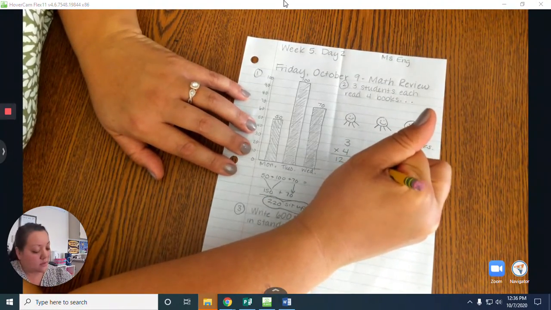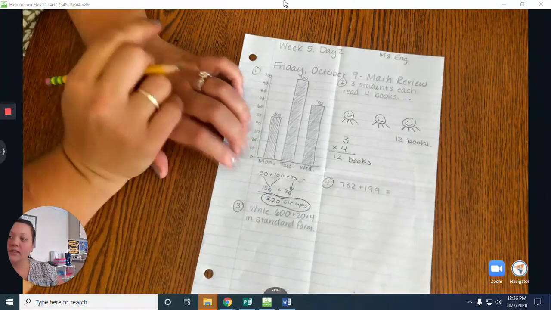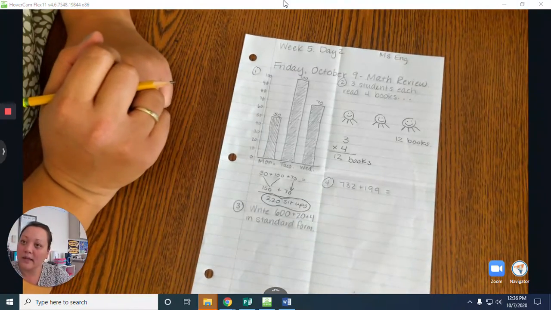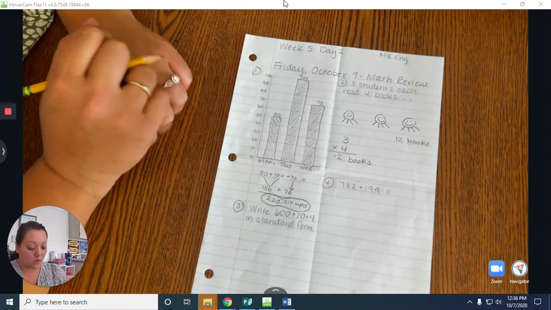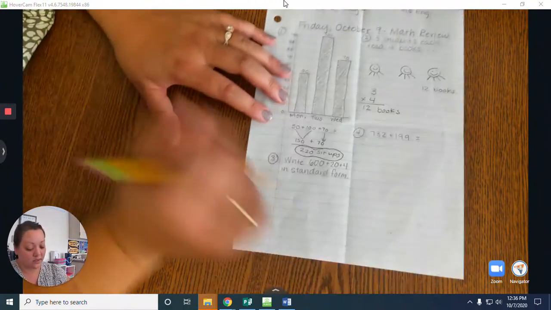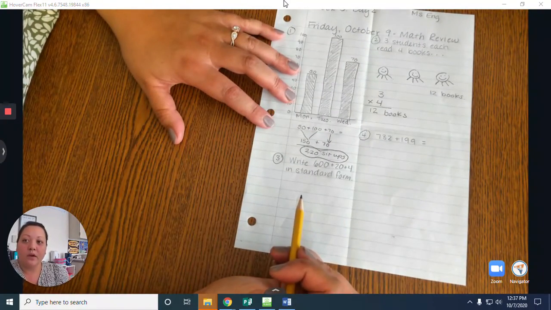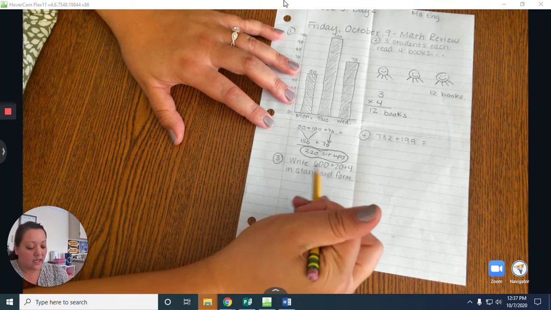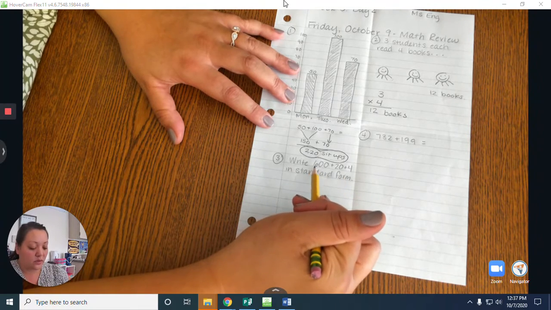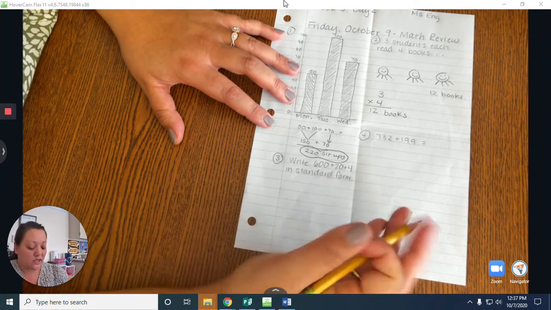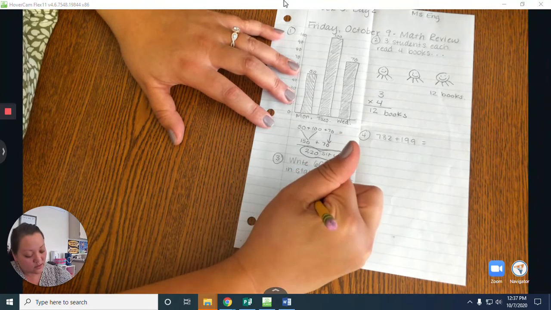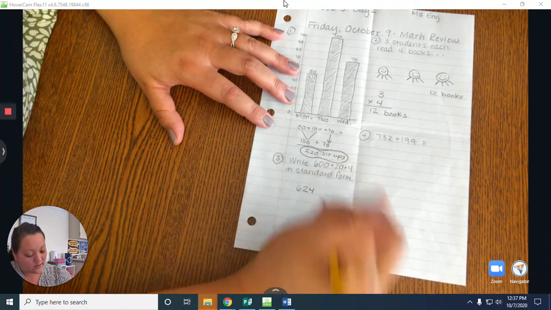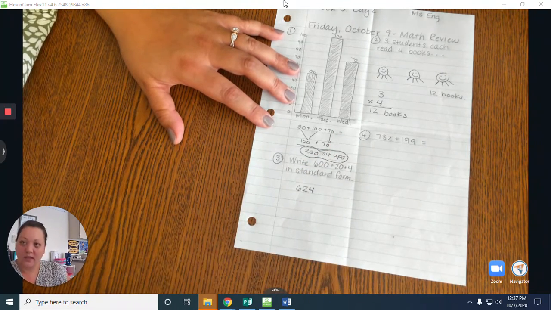So it doesn't matter how you get to this answer, as long as you get to the answer correctly, and we're starting to comprehend what hopefully all this means. Finally, write 600 plus 20 plus 4 in standard form. So this is an expanded form, so it's in its hundreds, its 20s, and its ones. So I know that 624 in its standard form is just like that.